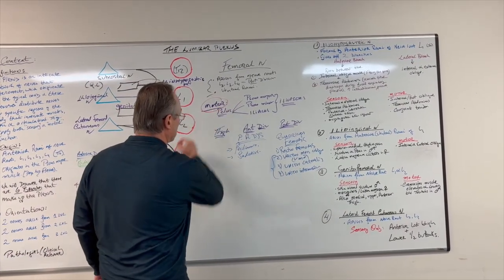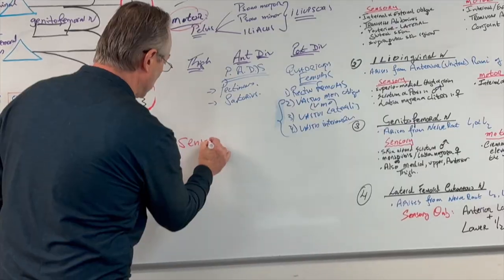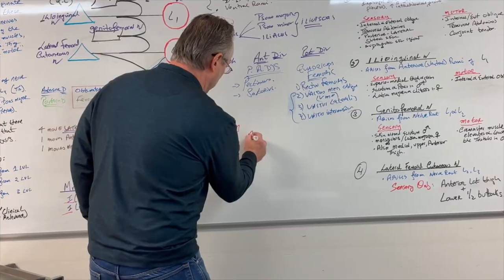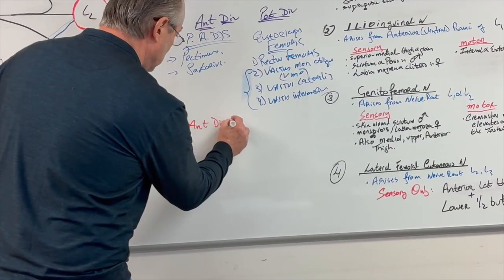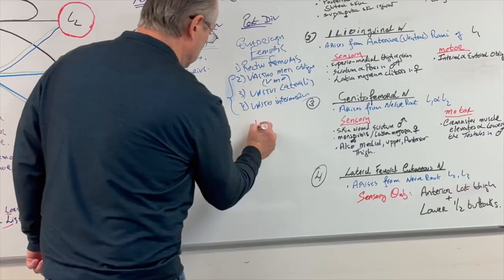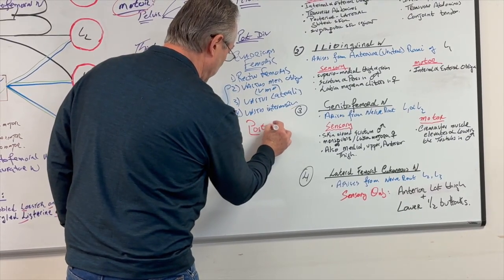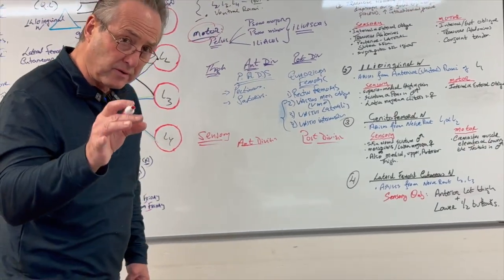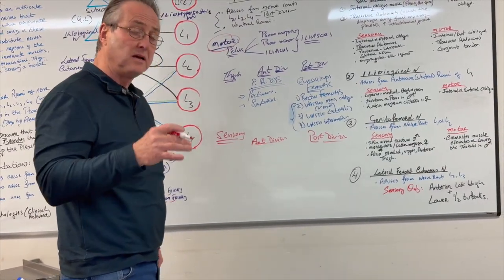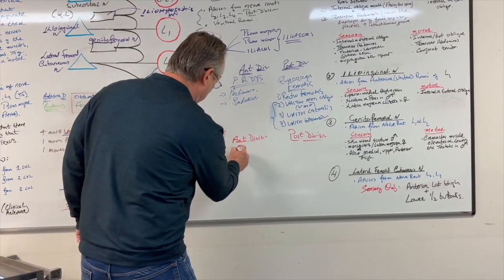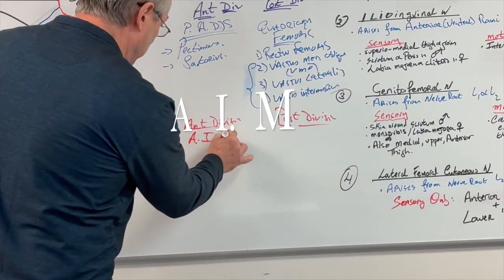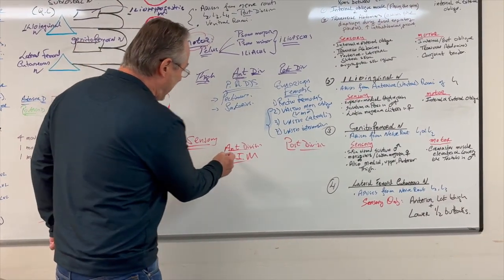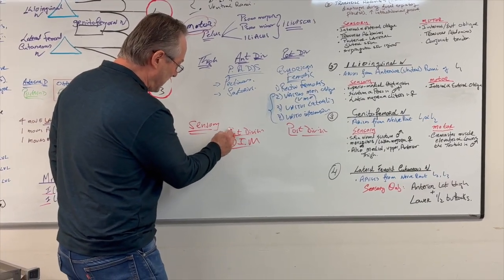Okay, so what about sensory? This was motor. What about sensory? Well, sensory, we also have an anterior division, and we have a, you guessed it, posterior division. Okay. Anterior division, we're going to use an acronym, and we're going to use the acronym AIM. A-I-M. Aim where? Aim higher. Aim wherever. Okay. The A just stands for the anterior division.